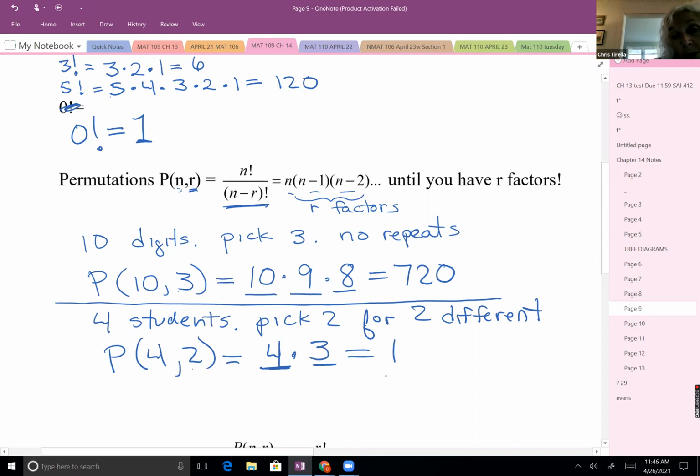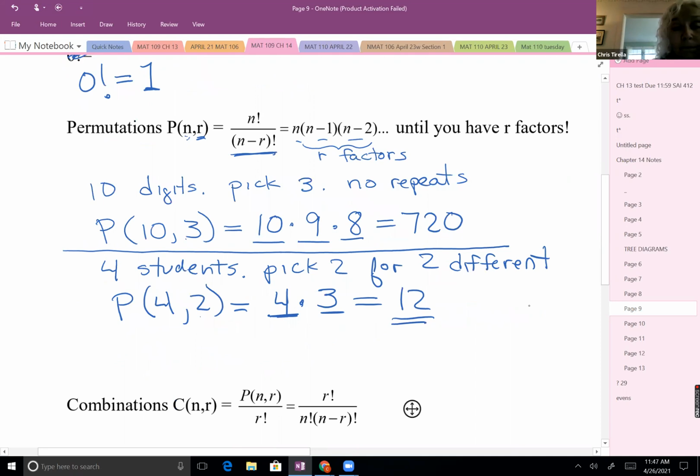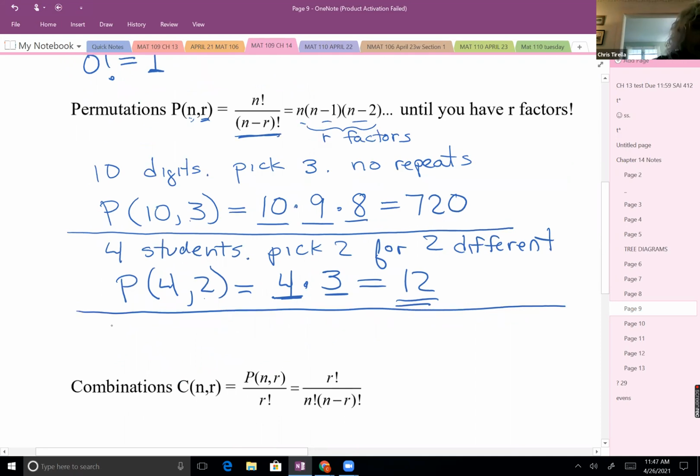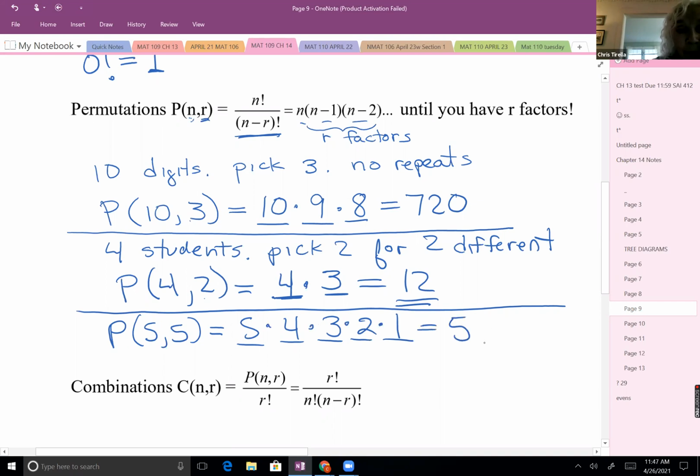And so we had those 12 different arrangements. Instead, if I wanted, let's say, a permutation of 5, pick 5, well, 1, 2, 3, 4, 5, starting with 5, multiplying would give me my 5 factorial.